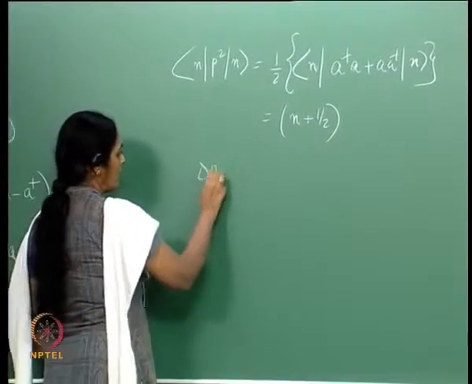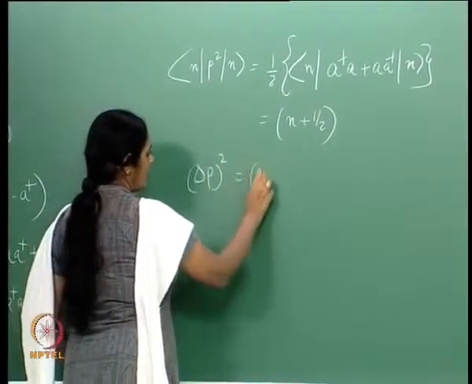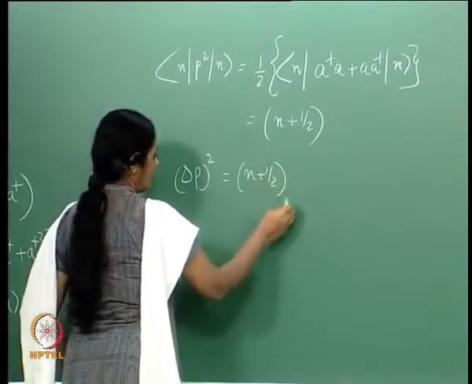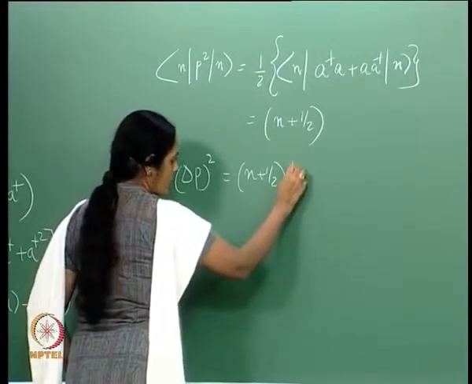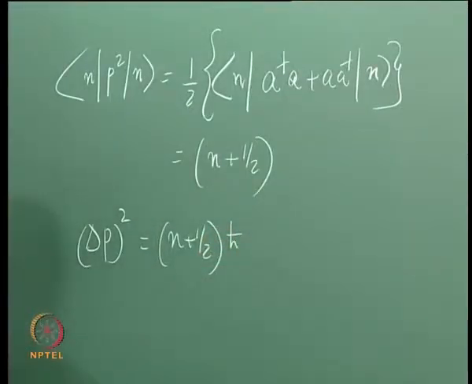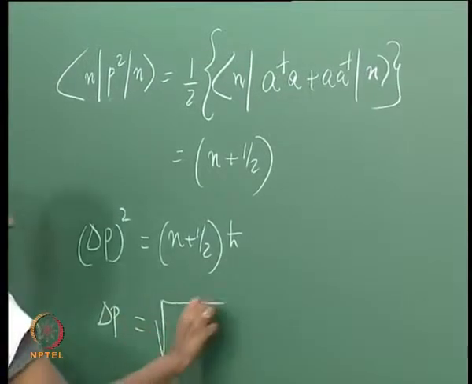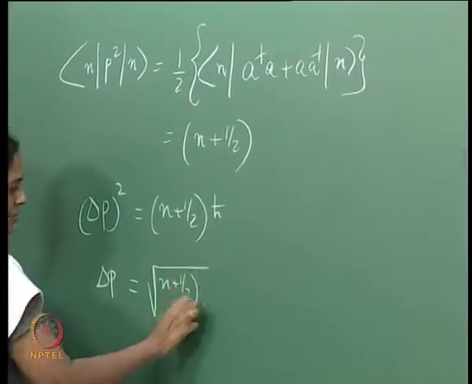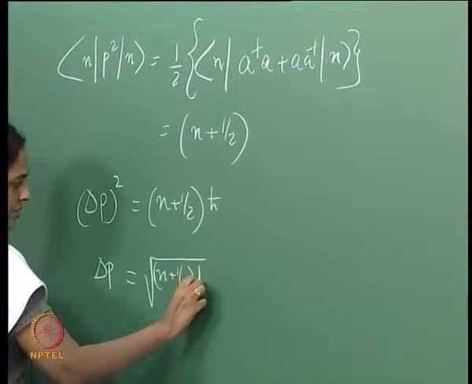Therefore, delta p the whole squared is n plus half. Of course, if I put in the h cross, I get this, and therefore, delta p is square root of n plus half, the positive square root.